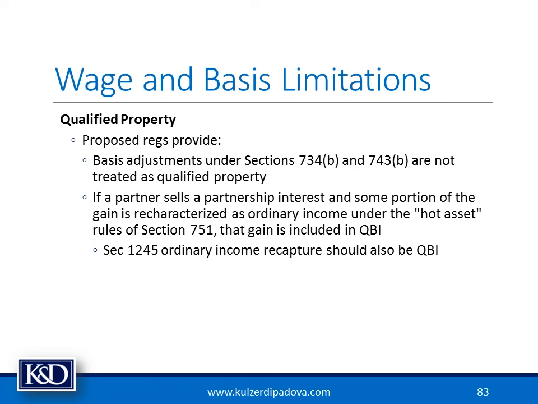Again, the assumption was that anything treated as ordinary income is going to be included in QBI, even if it's part of a capital transaction, and that turns out to be the case. So if you have ordinary income from gain attributable to hot assets, that's going to be included in QBI, and by extension, this isn't actually in the regs, but you'd think 1245 recapture income is also going to be treated the same way.